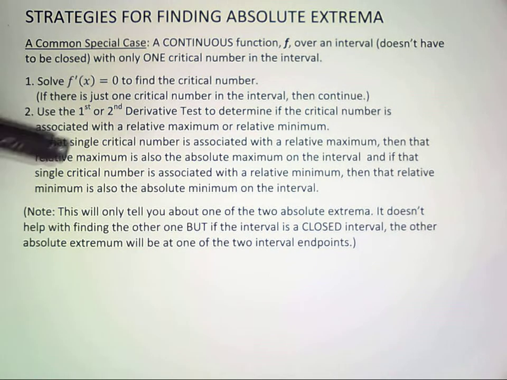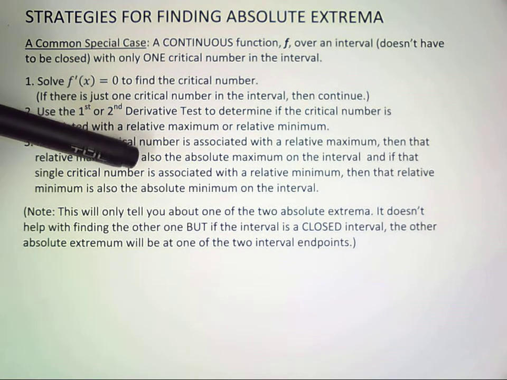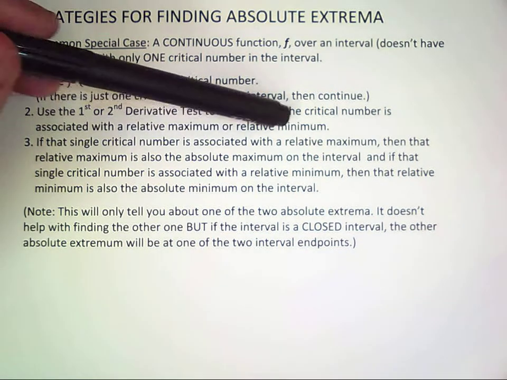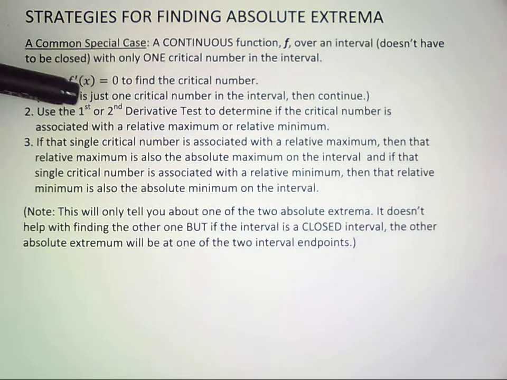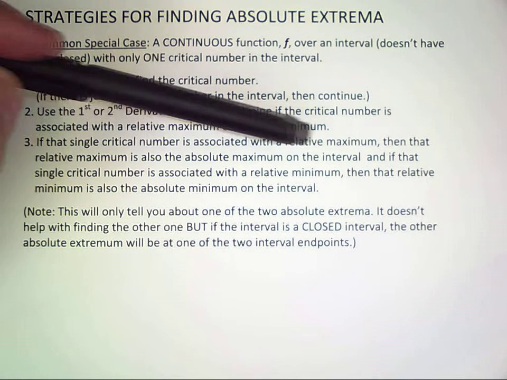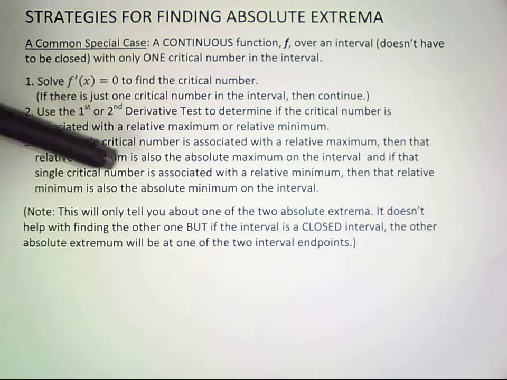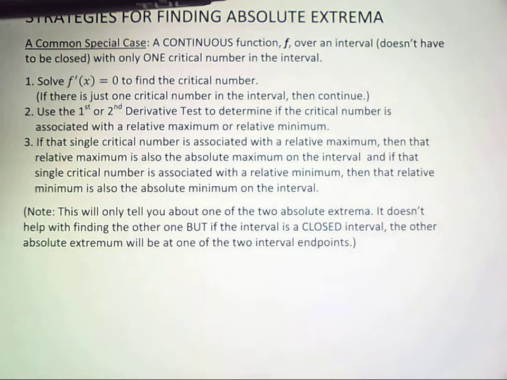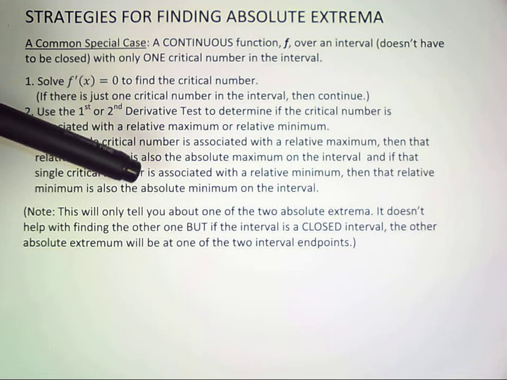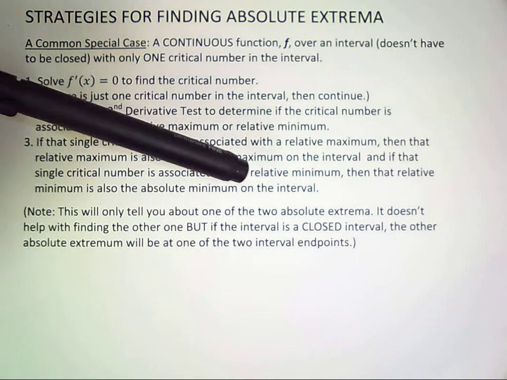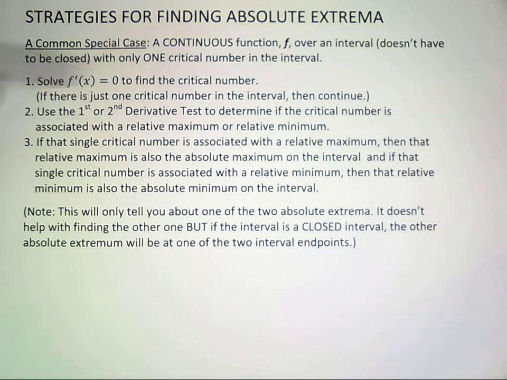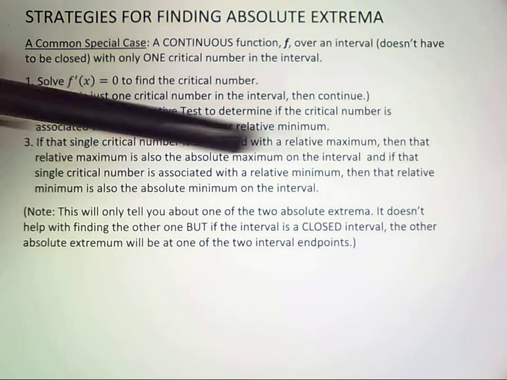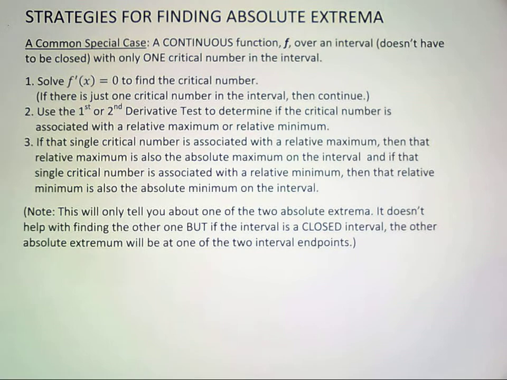There can only be one in that interval, but if that single critical number happens to be associated with a relative maximum, then that relative maximum is also the absolute maximum on that interval. And if that single critical number happens to be associated with a relative minimum, then that relative minimum is also the absolute minimum on the interval.